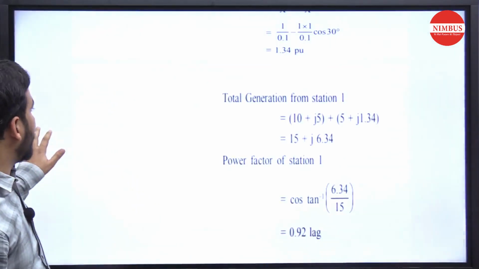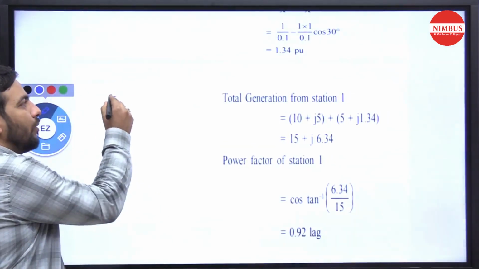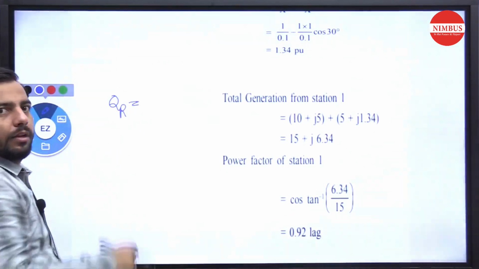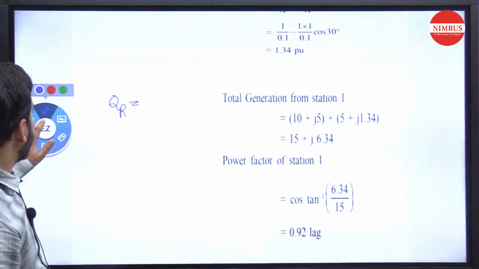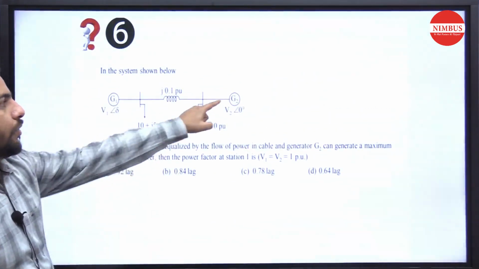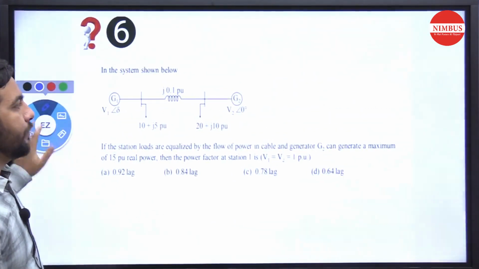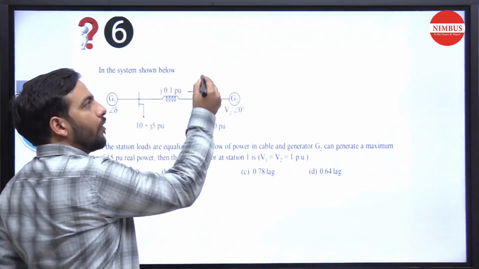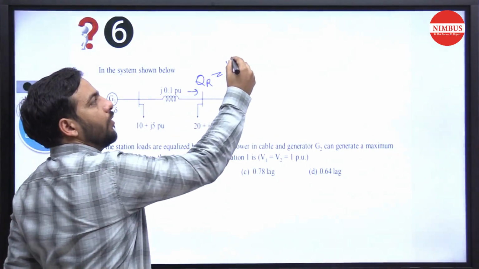Again listen very carefully. You can also calculate QR from here. When you calculate QR, then you can also calculate the power factor of station 2. What will be the formula of QR?